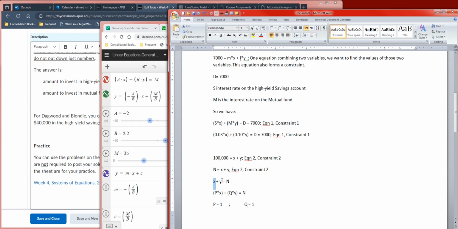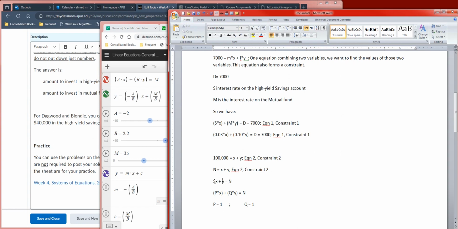And it's important for an equation to be correct, for it to be an equation here, or an inequality for that matter, that the units on both sides of the equation must be the same. So you have $X here, $Y here. These are not coefficients, these are not multipliers. I'm simply showing you that this is money. $N here, money, money, money, dollar, dollar, dollar on all sides, okay?